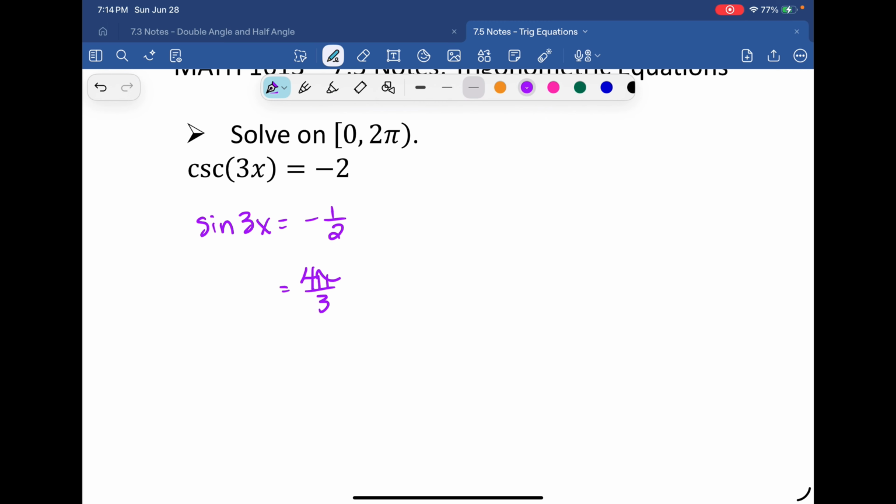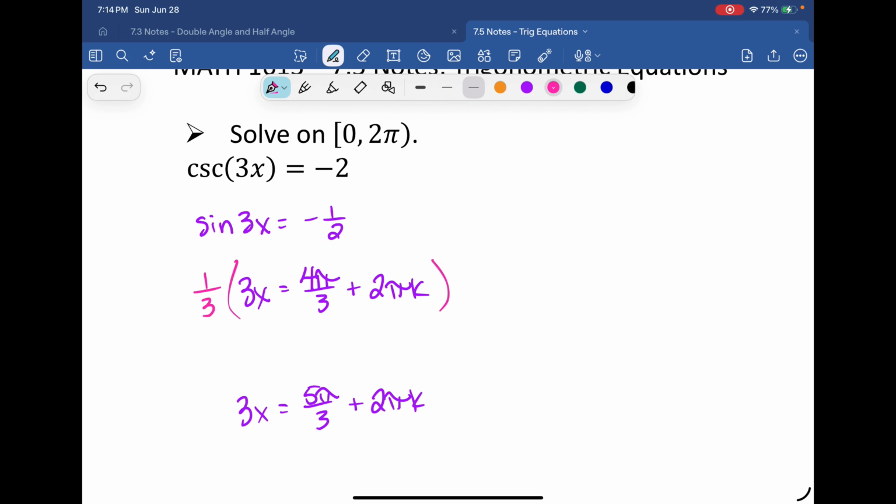4 pi over 3. 5 pi over 3. Okay, but this is 3x. Full rotation, so plus 2 pi k. 3x. So you're going to multiply everything through by 1/3.